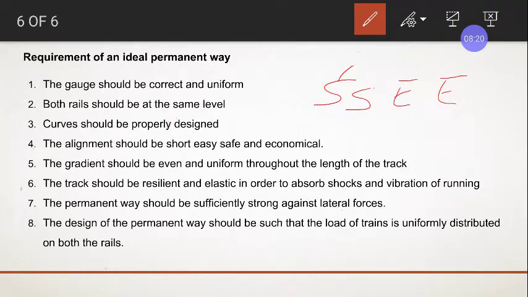Short, safe, easy and economical. This is how you can remember this point. The alignment should be SSEE, that is short, safe, easy and economical, right?